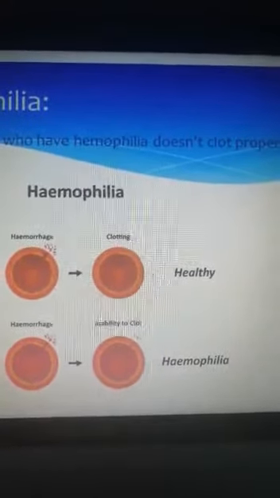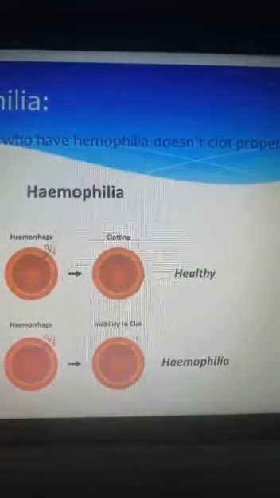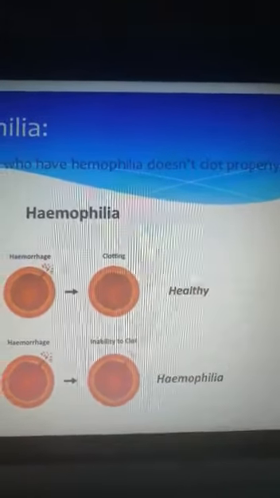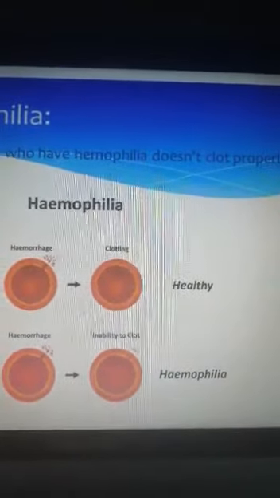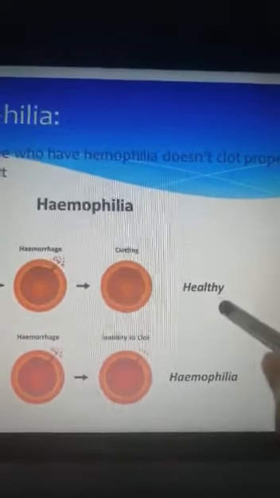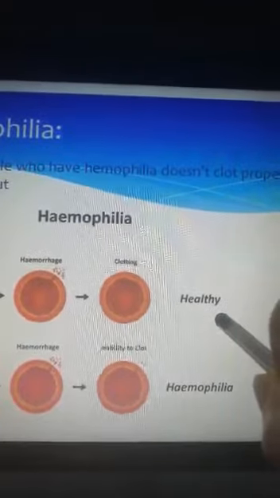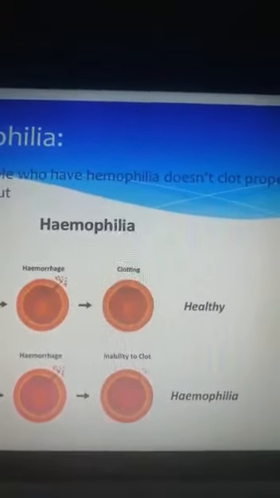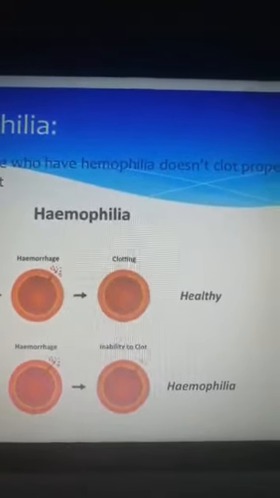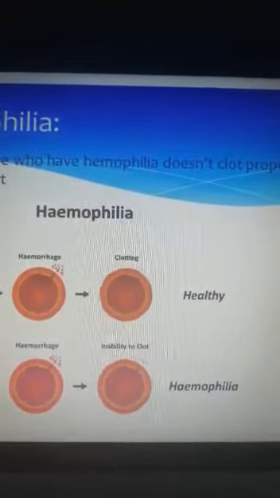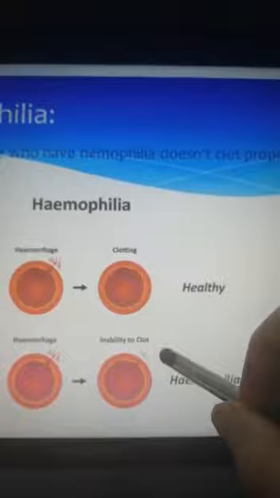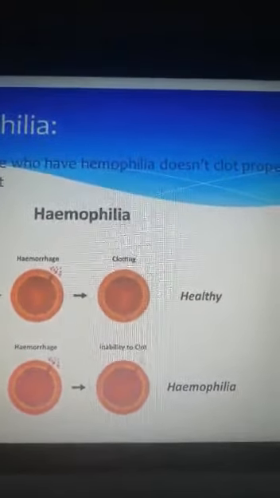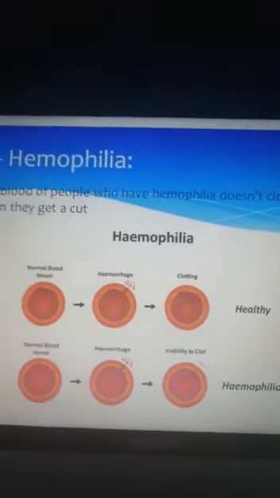But a hemophilia person can't clot the blood, an inability to clot. So a healthy person can make clotting for the blood, but a hemophilia person has an inability to clot the blood. Okay?